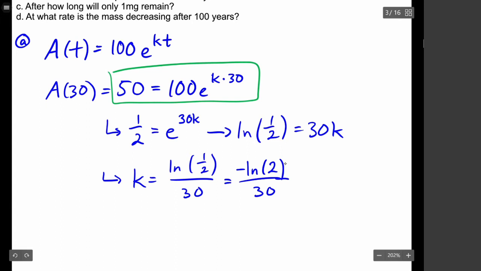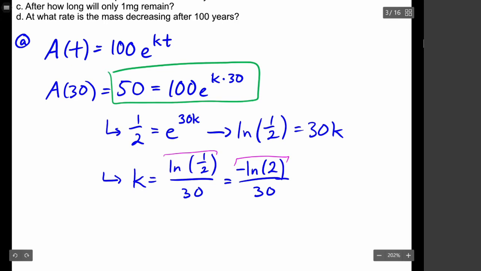So negative ln of 2 divided by the half-life gives you the k value here. Or normally you would say ln of 2 over 30 is the rate of decay, and then you would add in the negative sign. But let's go ahead and compute this. I'll let you try and remember or think about why ln of 1/2 is equal to negative ln of 2.